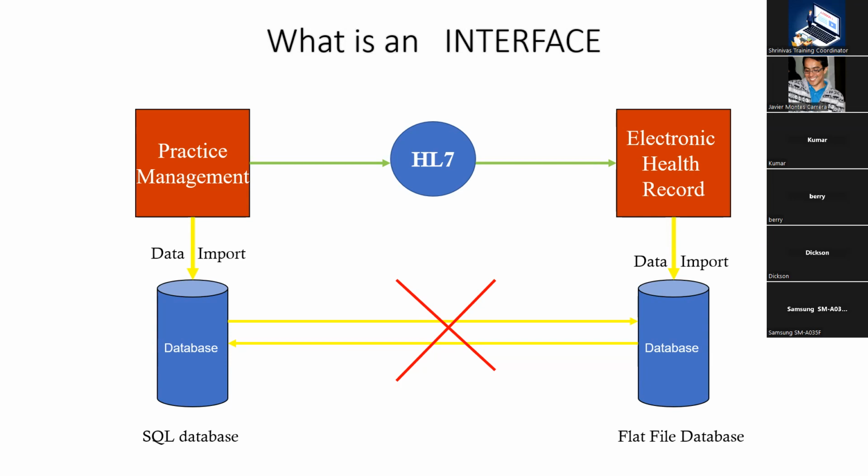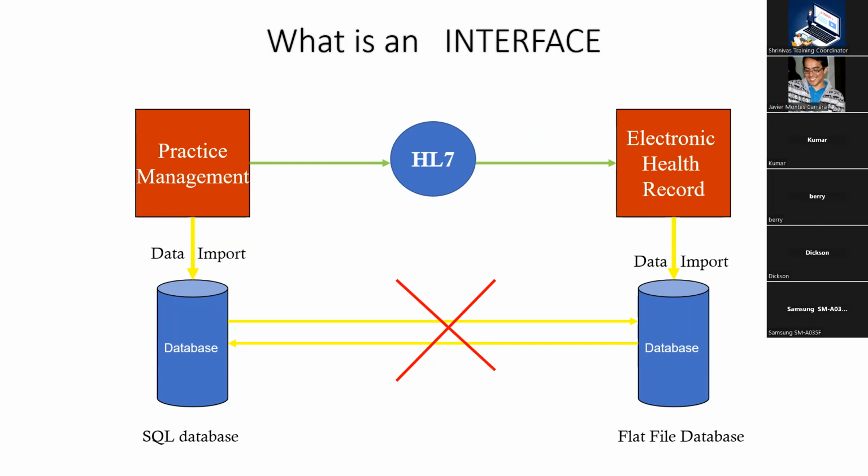And this happens between two different applications. It doesn't matter what kind of database you are dealing with, because different applications might be using different databases. Let's say, for example, we have a PM application on a SQL database, and an EHR application on a flat file database.